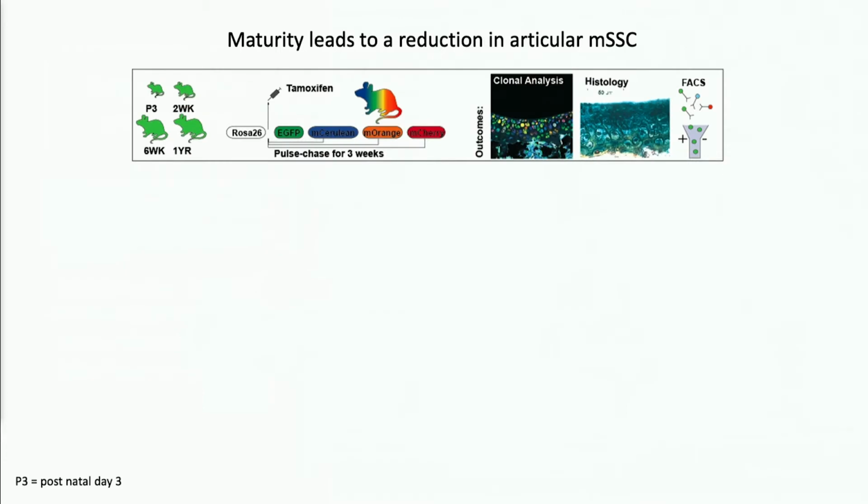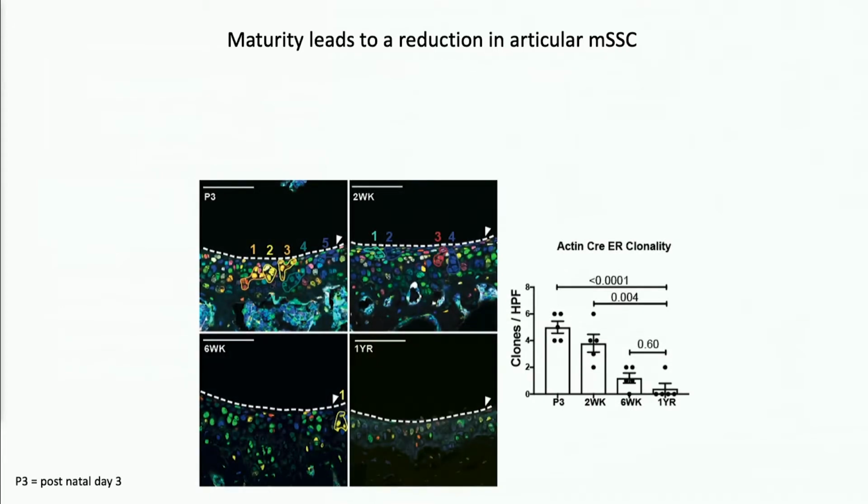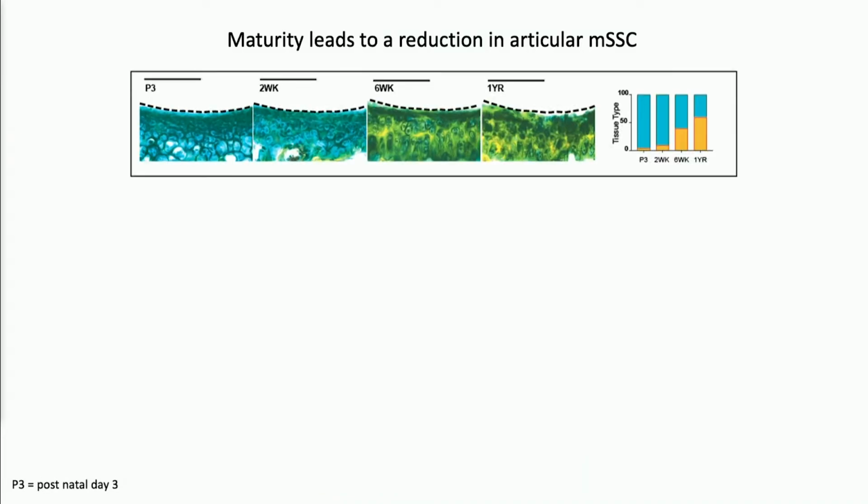Now, we wanted to start by looking at the cell populations and the tissue construct at the site of the articular surface. When we looked at the clonality of the cells at this articular surface, we found that there was a decrease in clones with an increase in age. And when we looked at the tissue composition, we found that there was drastic changes throughout the lifespan of the mouse.